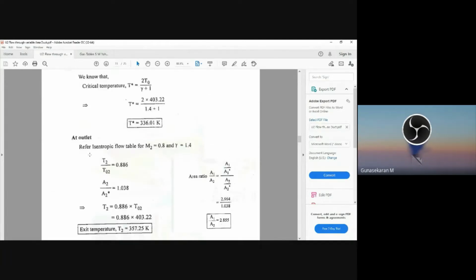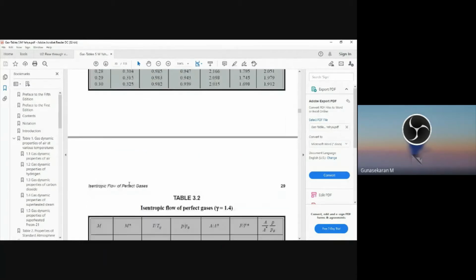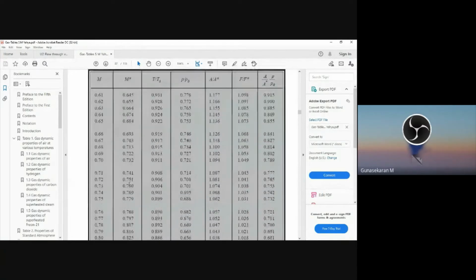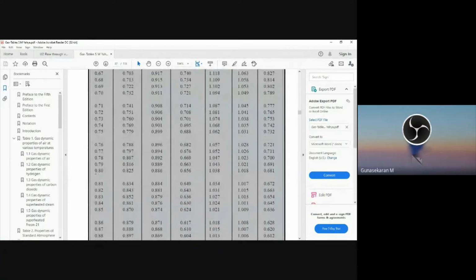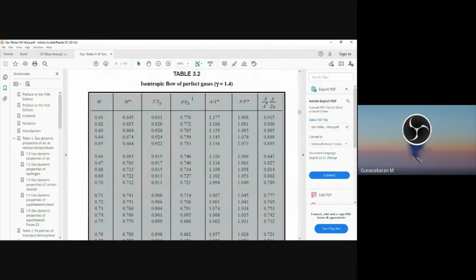At the outlet, with reference to the exit Mach number 0.8 and gamma value 1.4, take these values and go to the gas tables to get the other values. Exit Mach number is 0.8. Then you need to find T by T star, P by P star, and A by A star.